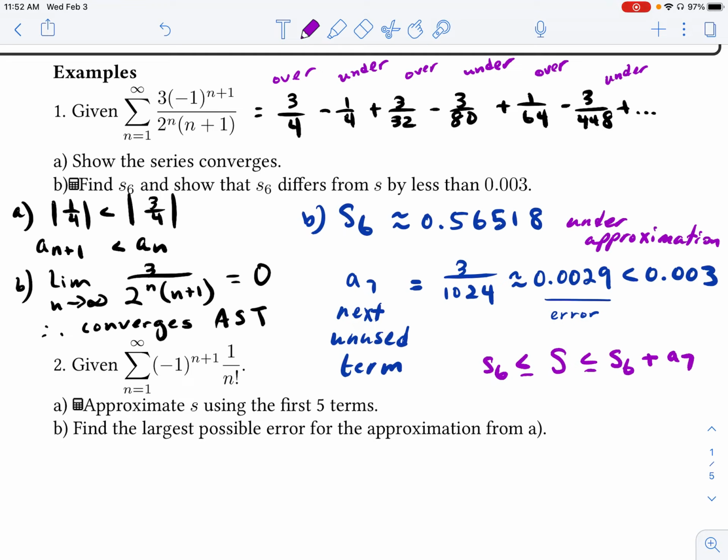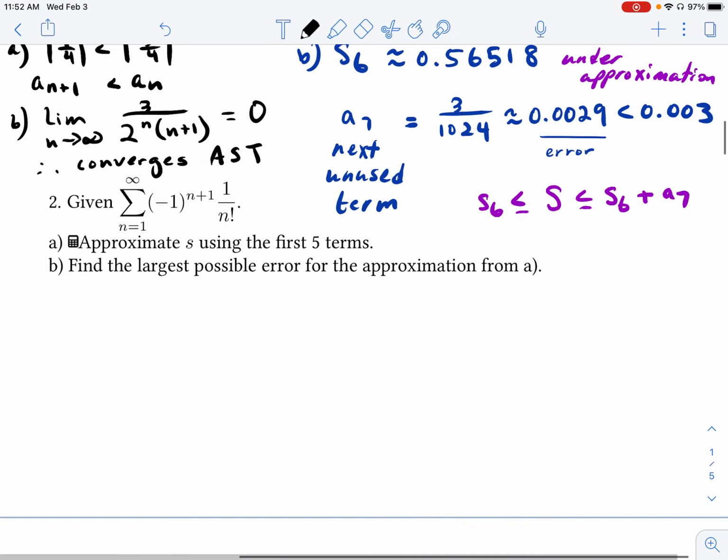And it's got to actually be less than that, because we saw in practice that if we have a partial sum, then our remaining terms in this case will add up to something that's less than 3 over 1024. But this gives you a good sense of mathematically thinking about whether this would be an over or under approximation. Let me go ahead and try one more problem now.